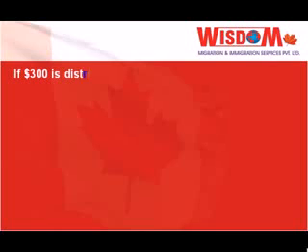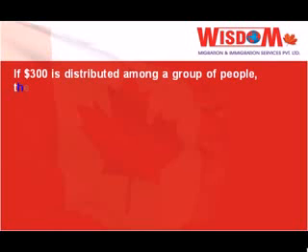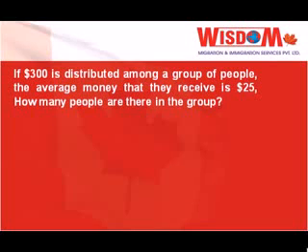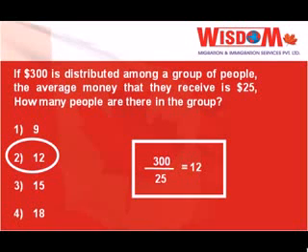Now coming to the last of the simple examples, in this example $300 are distributed among a group of people and the average money that everyone receives is $25. We have to find out how many people are there in the group. So the number of people would be 300 divided by 25, that is 12.